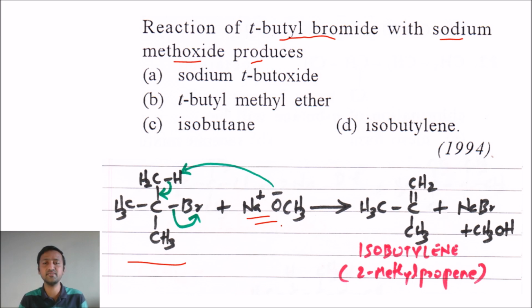One is Na plus, the other is OCH3 minus. Okay, now in this reaction we can expect a competition between two, right? One is substitution reaction and the other is elimination reaction. We can see here this is a tertiary alkyl halide, and the nucleophile we got is methoxide ion.